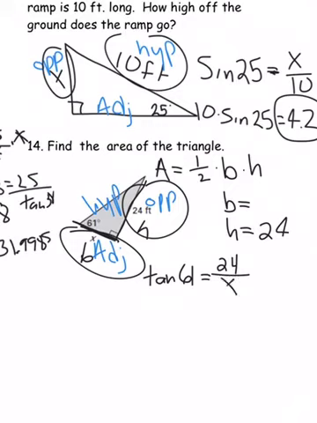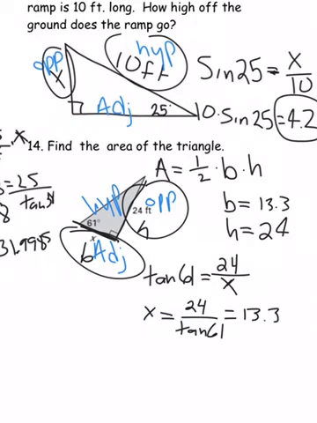The first time on the review, I went through this problem with the 2 steps. Here, I'm going to give you the shortcut, because all that really happens with your 2 steps is the tangent winds up on the bottom of the fraction as a division problem, and the x comes out to the other side. So all you wind up doing is this: 24 divided by the tangent of 61, which is about 13.3. Remember, that's not the answer to the problem.